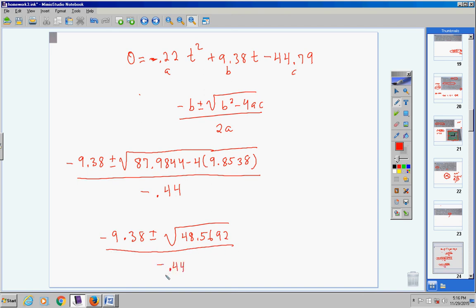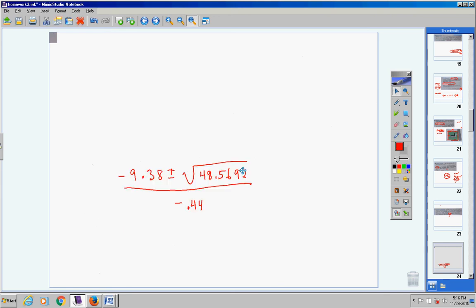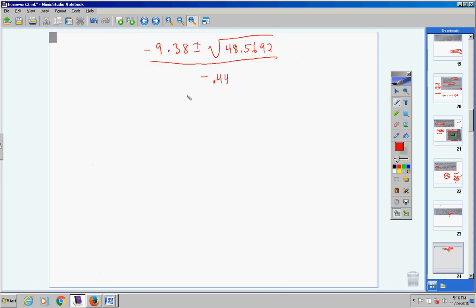Alright, there we go. Now, next, if we type this square root into our calculator, we'll get out negative 9.38, plus or minus 6.96. I'm going to just make it a 7. 6.9 is close enough. All over negative 0.44. So I have negative 9.38 plus 7 all over negative 0.44.